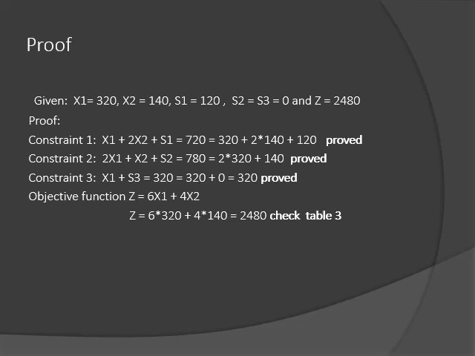Let's check the objective function Z. The objective function equals 6x1 plus 4x2: 6 times 320 plus 4 times 140 equals 2480.